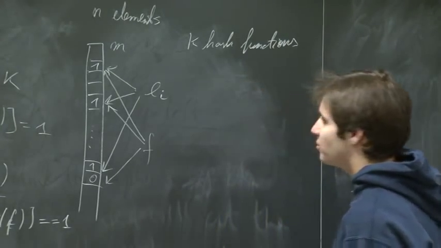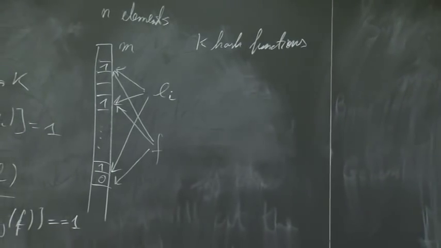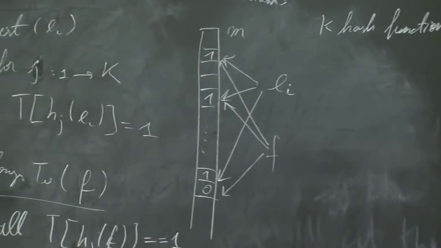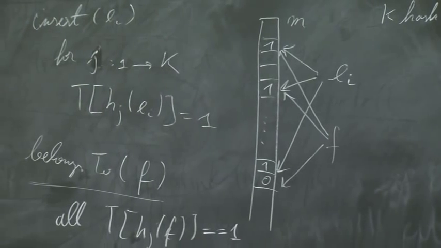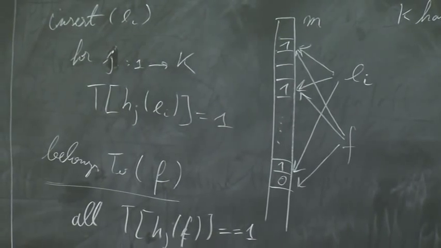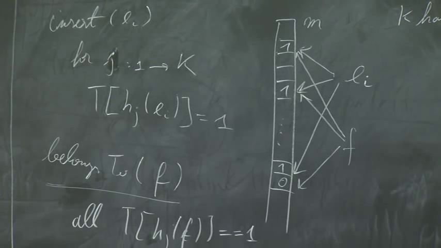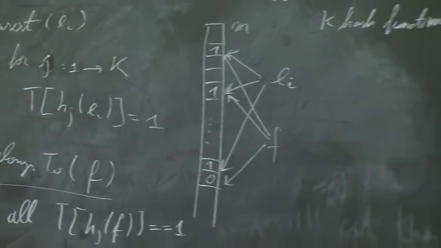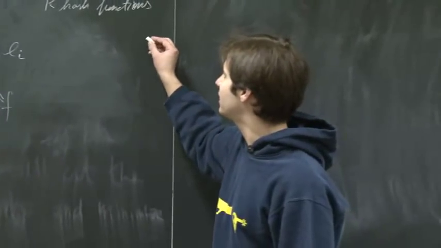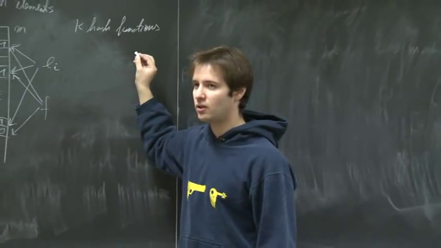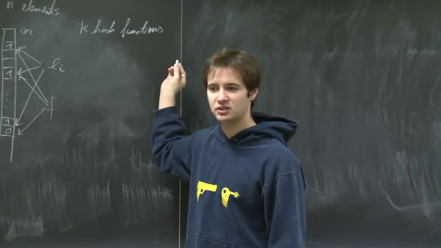So now what's the probability of a false positive? My first intuition is just raising that to a power. Oh, I forgot to say something, by the way. The k hash functions all satisfy simple uniform hashing, I think.